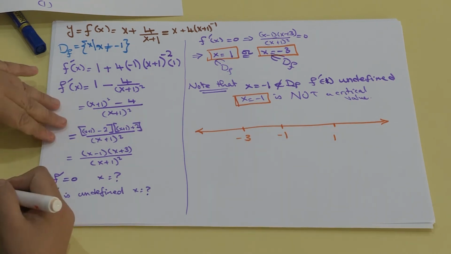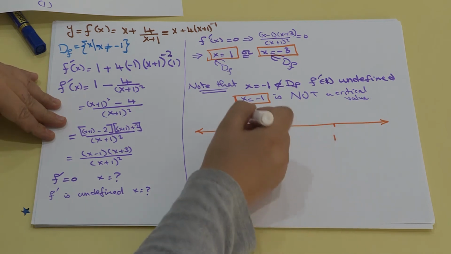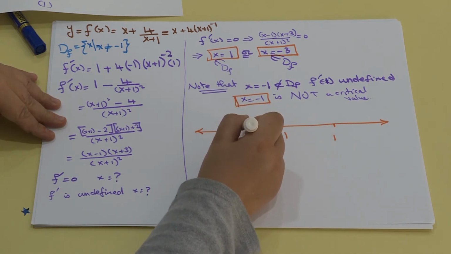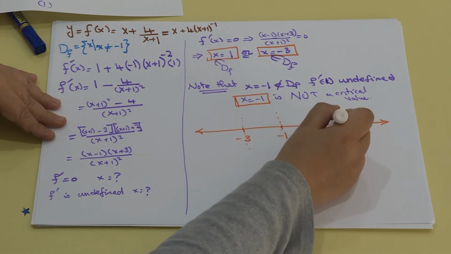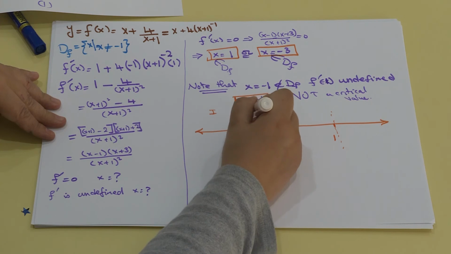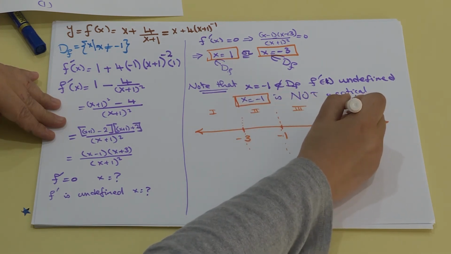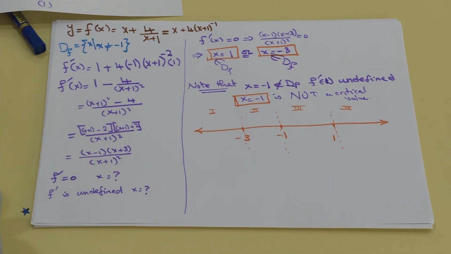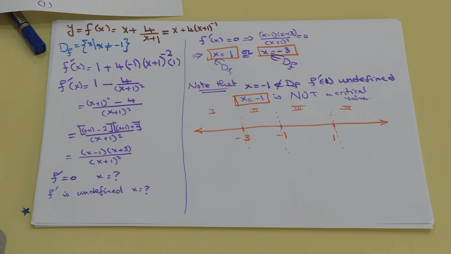We see that minus 3, minus 1, and 1, as I put them on the real line, splits the real line into 4 intervals. Look at these intervals with me. This is the first interval, this is the second interval, this is the third interval, and this is the fourth interval. And on each of these intervals, we want to study the sign of the first derivative.